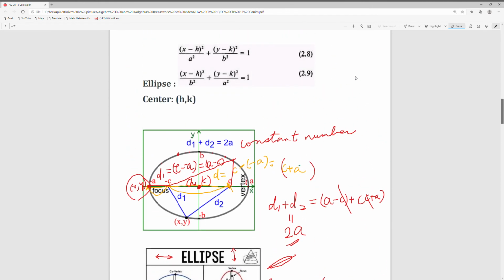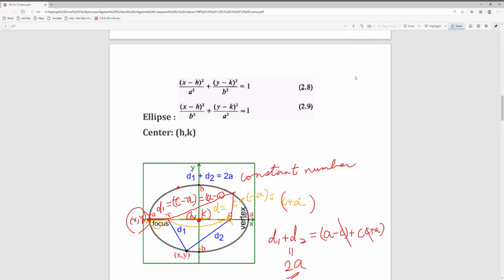Let me see if I have some space. So if the center is (0, 0), then the four vertices will be (a, 0), (negative a, 0), and (0, b), here (0, negative b).